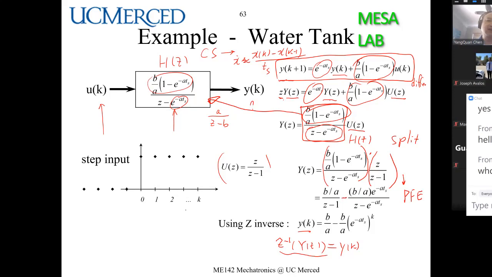Called partial fraction expansion. And you should know this thing immediately. We taught you some of the ideas like copy, okay? How to do PFE. Well, we also use some identities. You can do that. So then after the PFE, you got this one. Okay, you got this one.